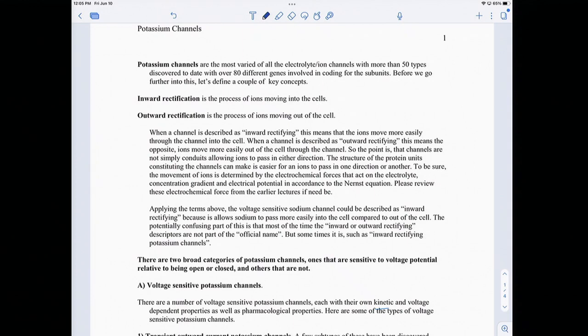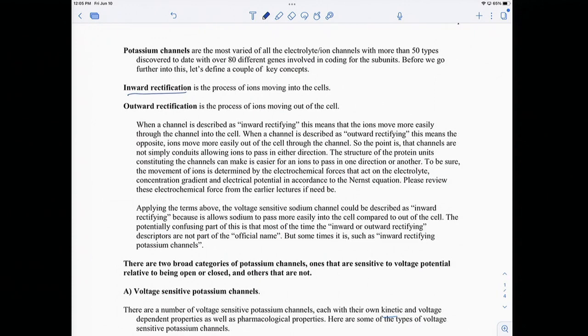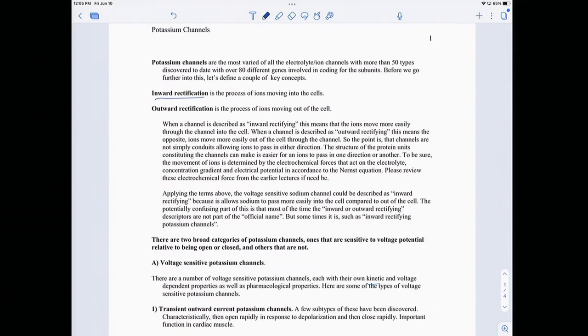So with that in mind, when we say something is inward rectifying, what we mean is that the ions are moving into the cell. If we have outward rectification, that simply means the ions are moving out of the cell. So that's what we mean.